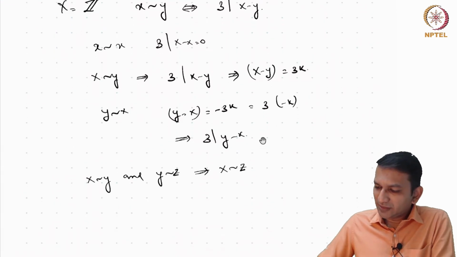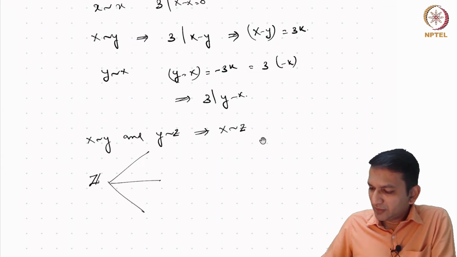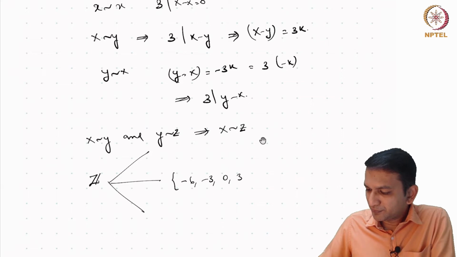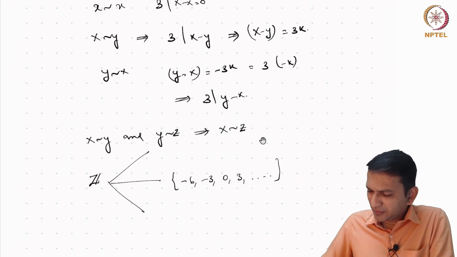What this does is, it is familiar to us now, the entire Z partitions into 3 pieces. Essentially, the set of multiples of 3, then shifted copies of them.